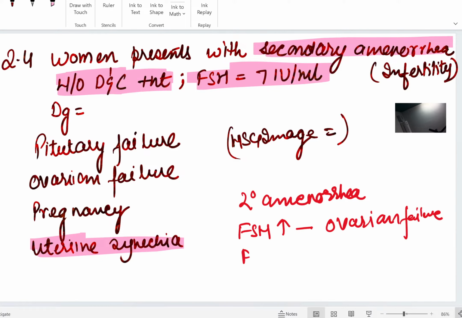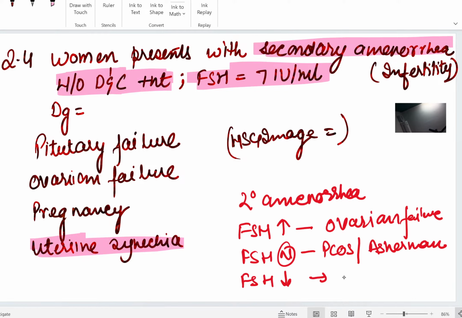If FSH is normal, it is either PCOS or the case of Asherman or uterine synechiae. And if FSH is decreased, then it is the case of Sheehan. Since here FSH is normal, it is the case of Asherman. In PCOS, the patient gives the history of hirsutism.